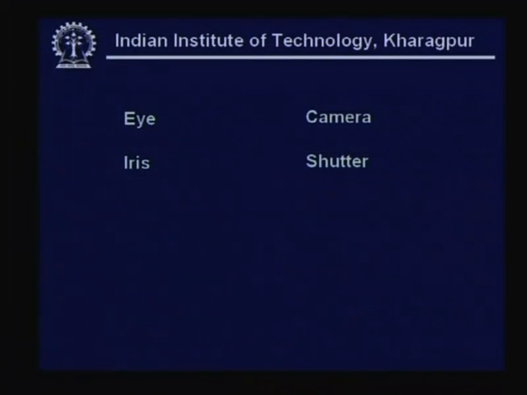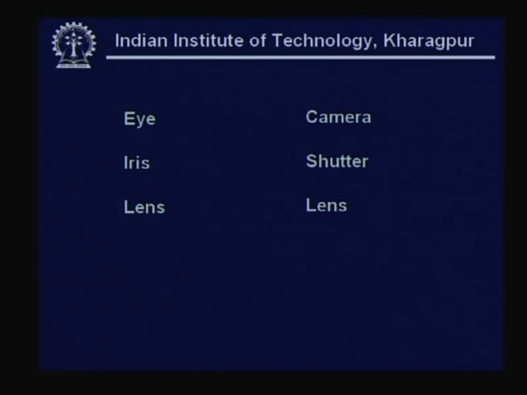So, functionally and structurally the eye and camera are very much similar, and the similarities could be looked at in this manner. The iris, the opening in the eye, which is also termed pupil, which permits entry of light, is similar to a shutter in a camera.